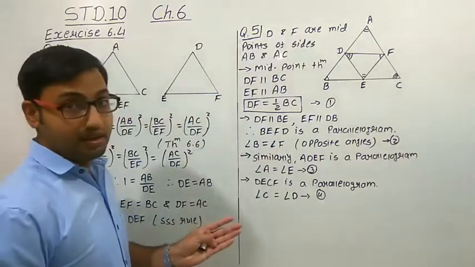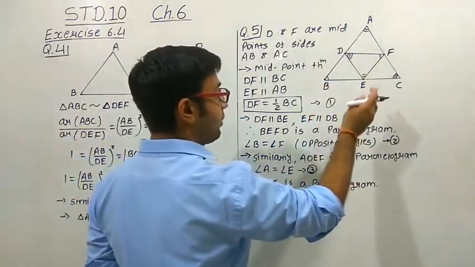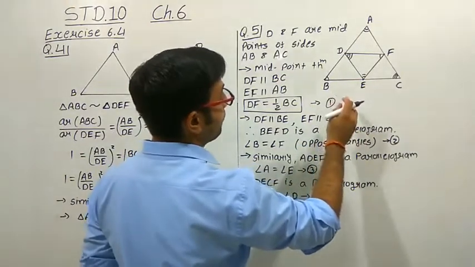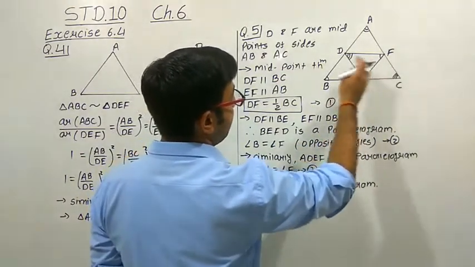That means all three angles of triangle ABC are equal to all three angles of triangle EFD.